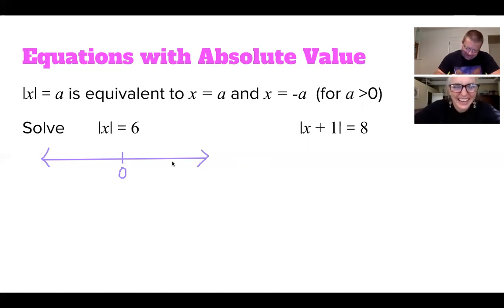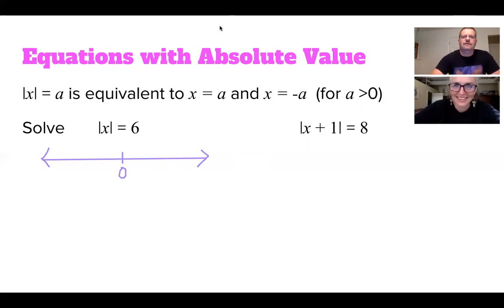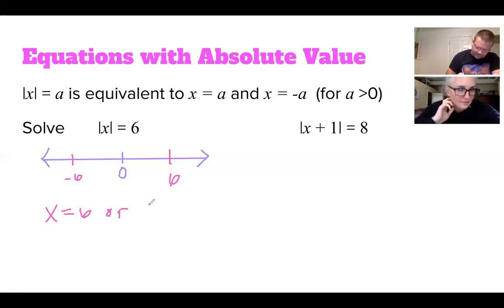So there's a point here at 6. Oops, maybe I should back up and get my pen tool, because there's a point here at 6 and there's another point at -6. So really all you have to do with this first one is say x is equal to 6 or x equals -6.